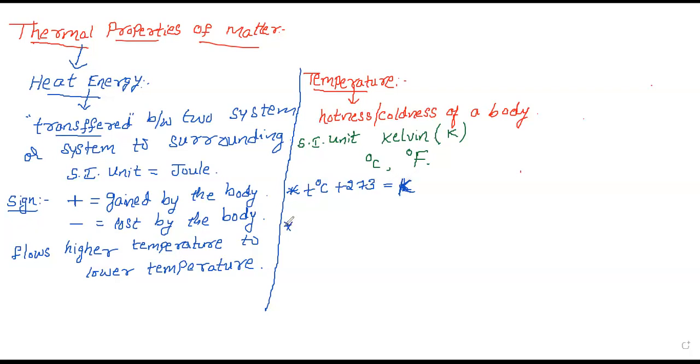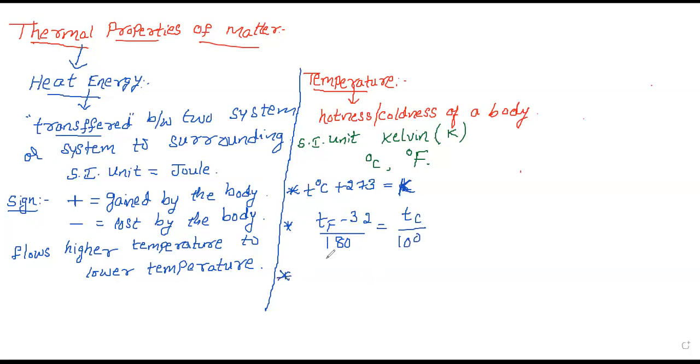Similarly, if you want to find it in the Fahrenheit scale, please remember the general formula. (TF minus 32) divided by 180 equals TC divided by 100.